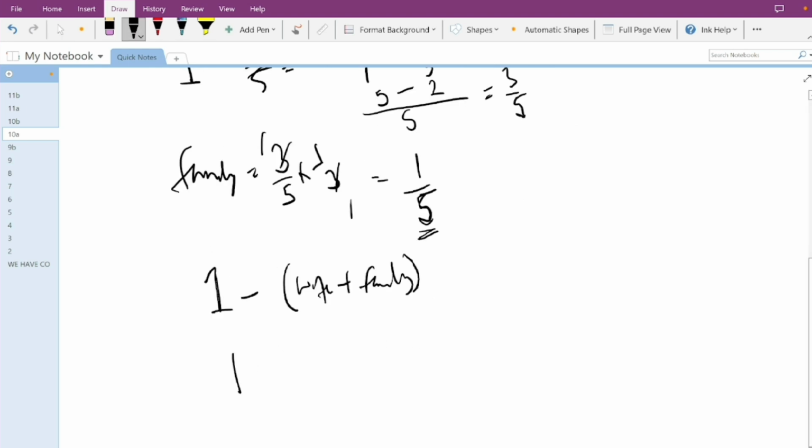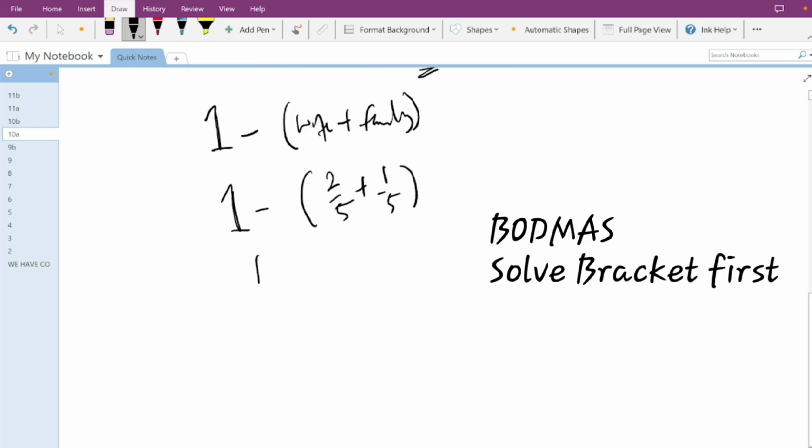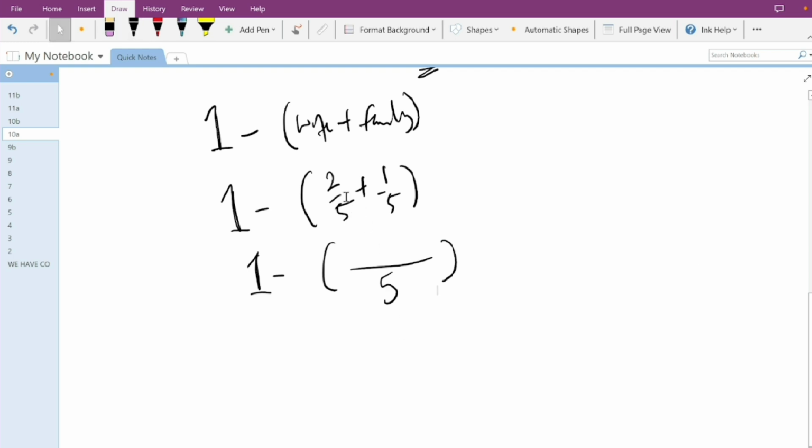So we know 1 minus, the wife received 2/5 and the family received 1/5. We have our 1 here. LCM of what is in the bracket is 5. 5 in 5, 1. 1 times 2 is 2, plus 5 in 5, 1. 1 times 1 is 1. We have our 1 minus, open bracket, 2 plus 1, that's 3/5.